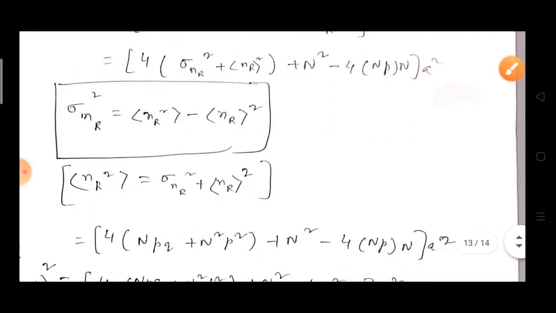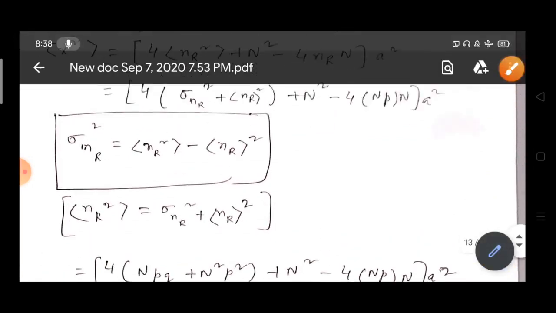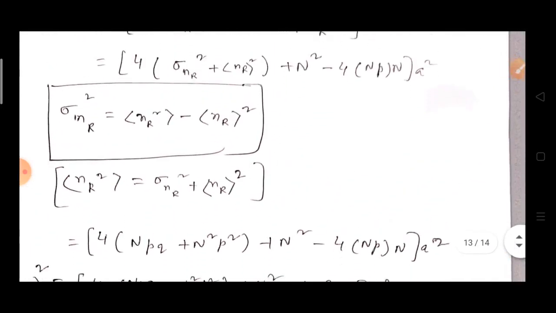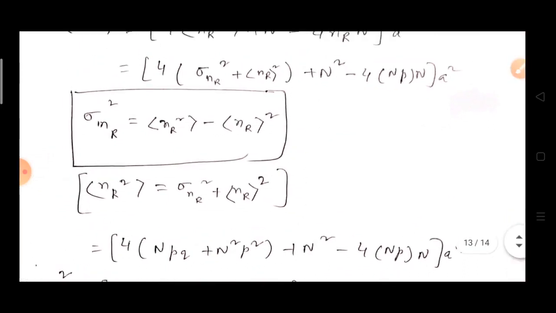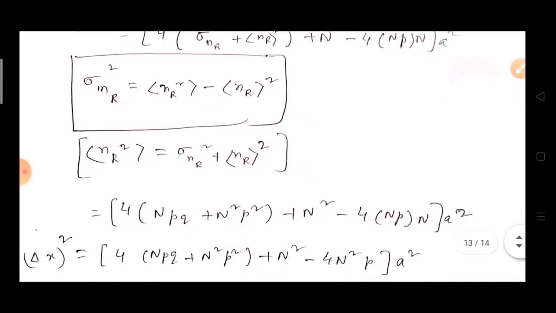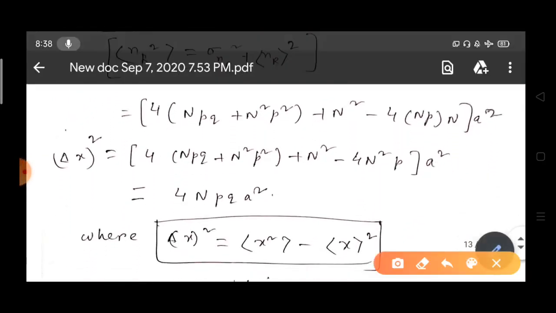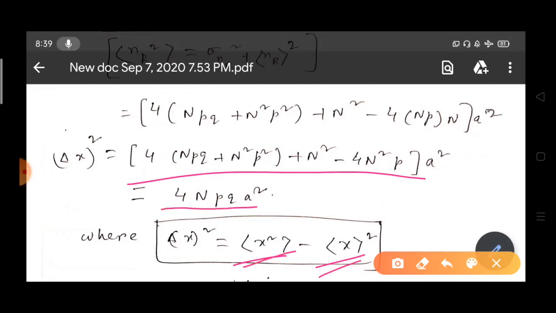So here you just simplify the whole thing, that is npq plus n square p square plus n square minus 4np into n, times a square. So sigma nr square equals npq, which we have discussed. So delta x will be the root of x square average minus x average square. So you put the values of x square average and x average square, you get 4 a square npq.